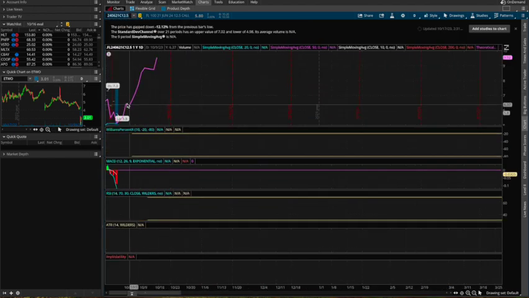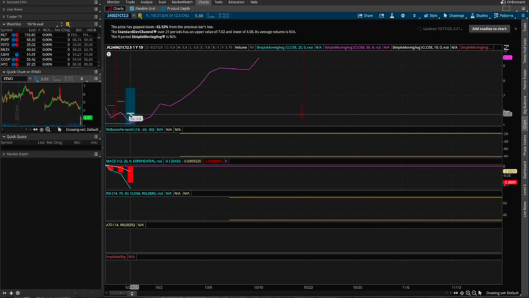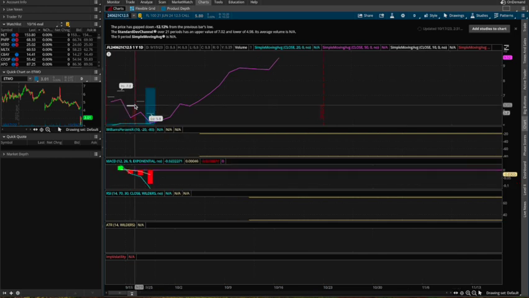Yeah. Anyway, it would have been a little bit more expensive to put this play on at that point, right? But notice that right now it's 580, right?